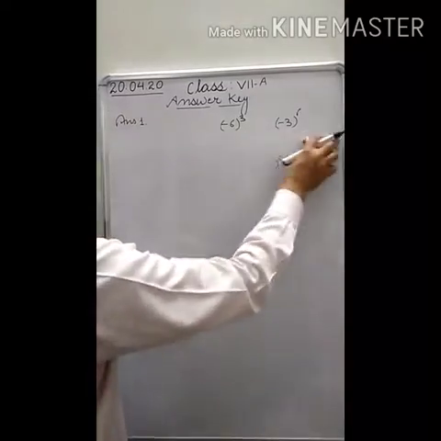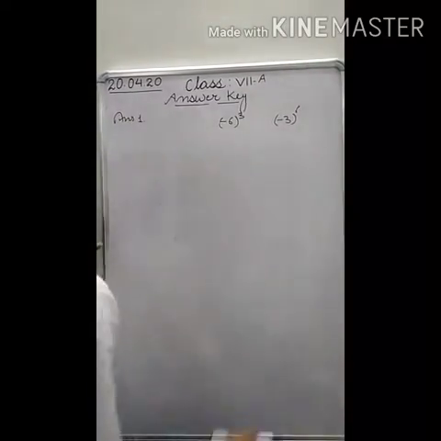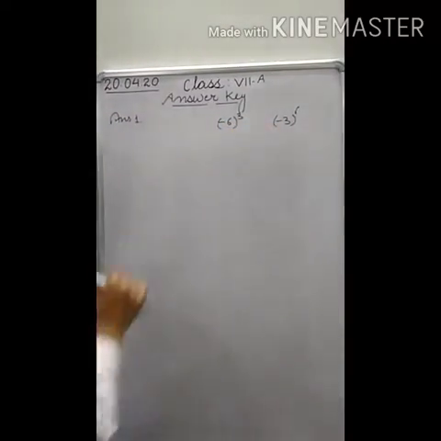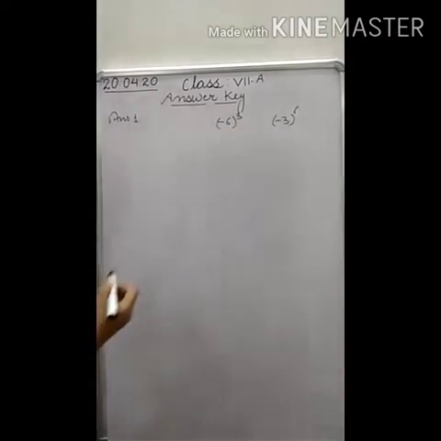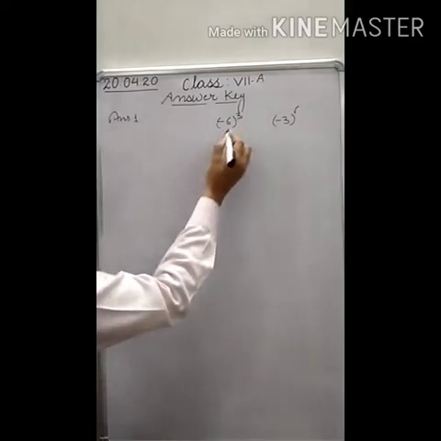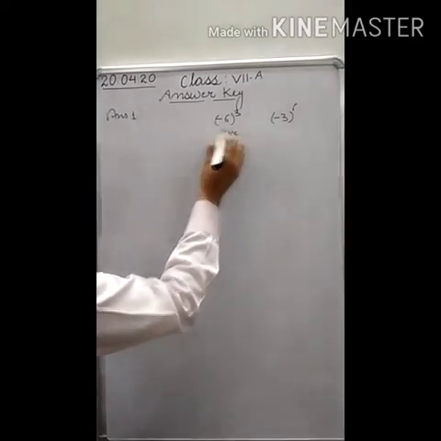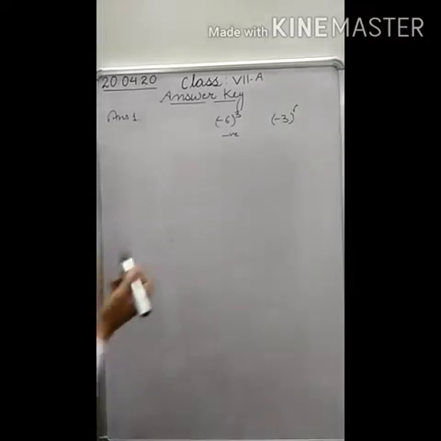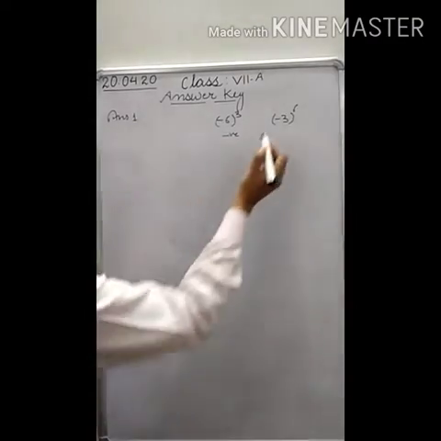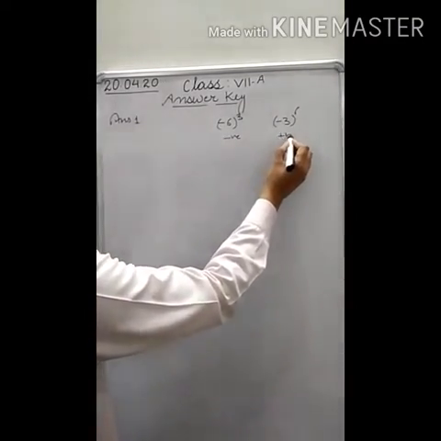In this question, both the bases are negative, but here the power is an odd number, so this number will always be negative. And here the power is positive, meaning an even number, so this number will always be positive.